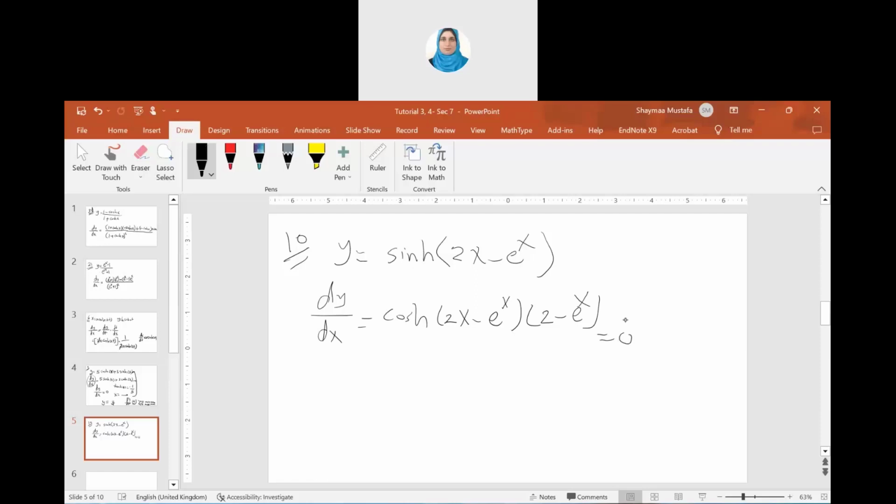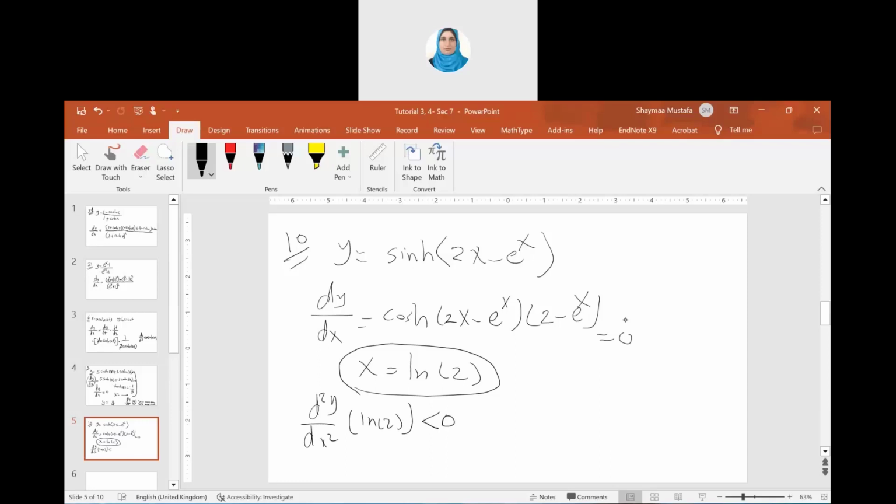Then you will find that x is equal to the natural logarithm of 2. So this is when x is equal to ln 2. And so at ln 2 you have a maximum or minimum. To know which, you need to find the second derivative at ln 2.